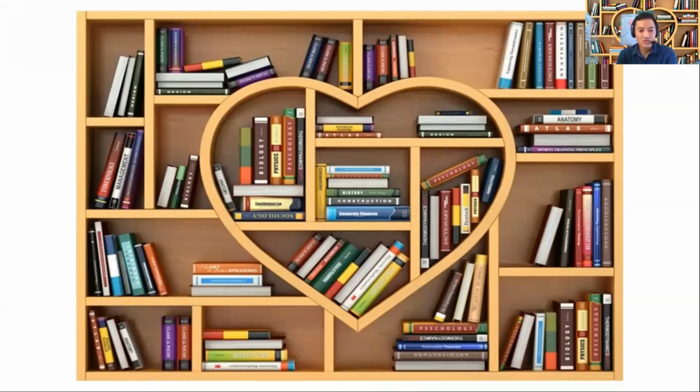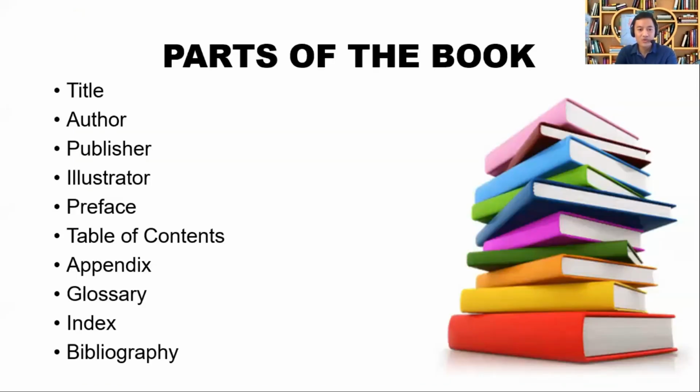If you want to find a world map, then you can go to the world map section. If you want to know about the latest news for today, you can go to references. Today we are going to discuss the parts of the book.